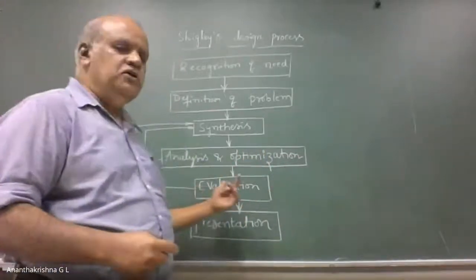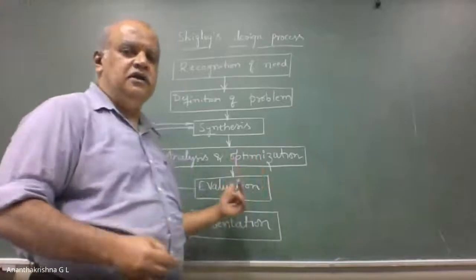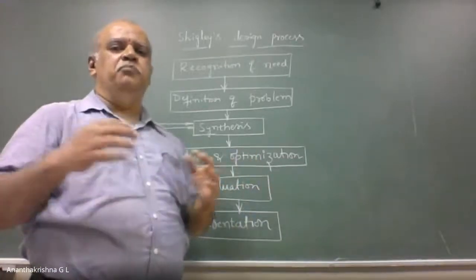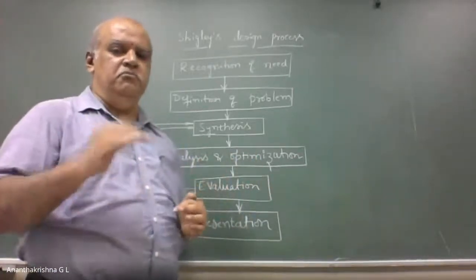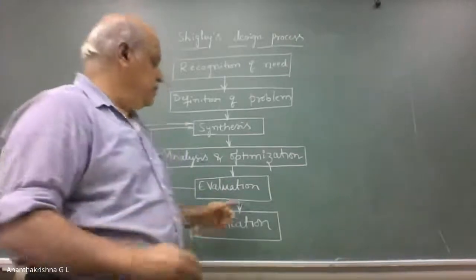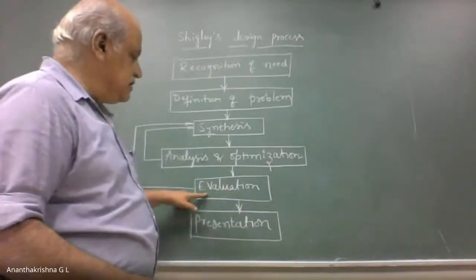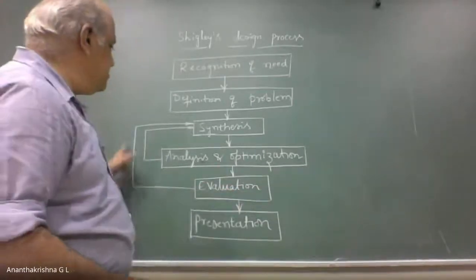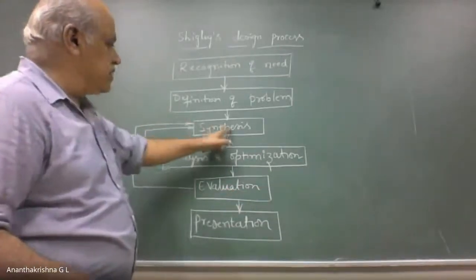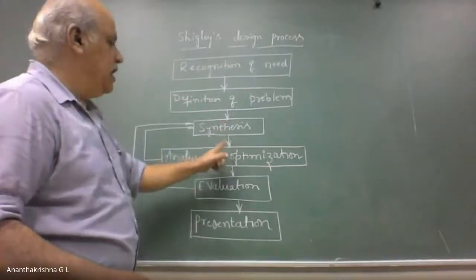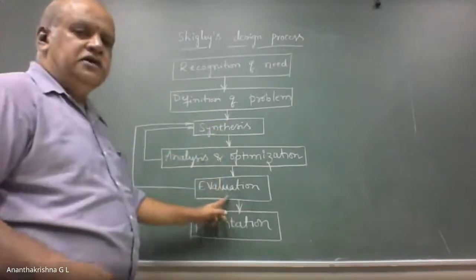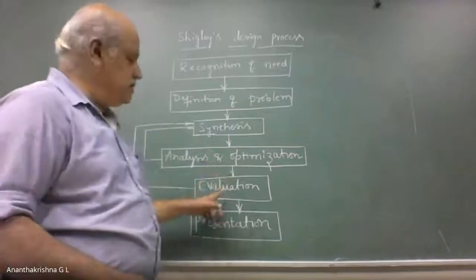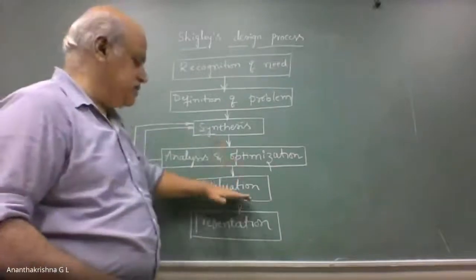In the evaluation process for doing the testing, essentially you need a prototype of the machine that we have designed. If there is any deviation in the testing process, then again the feedback will be given to synthesis. Further correction is made, analyzed, and then retested. Retesting of the machine would occur in evaluation stage.